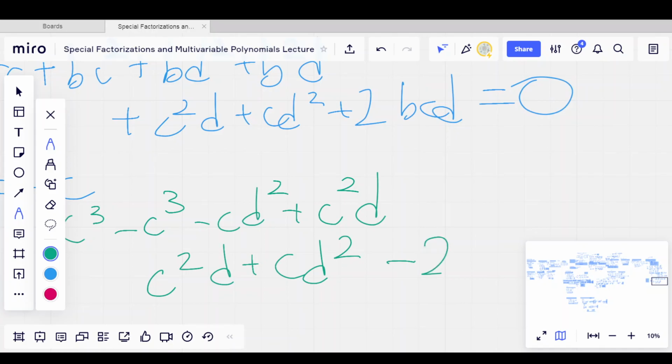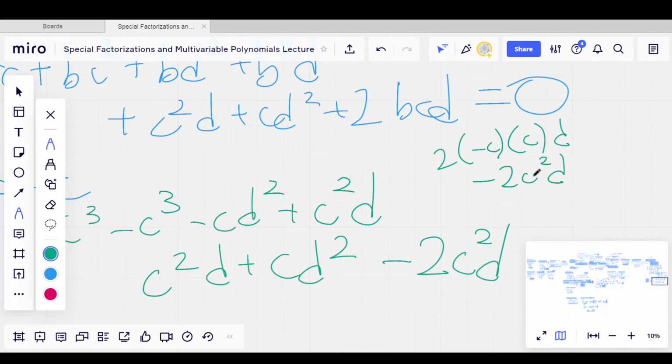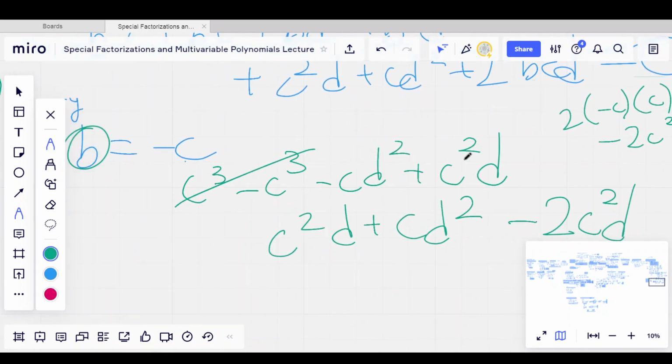2c squared d. If you don't see why, I'll just write it out for you. Okay, so basically, bam, bam, this is just c squared d, 2c squared d, bam, and it's just 0.